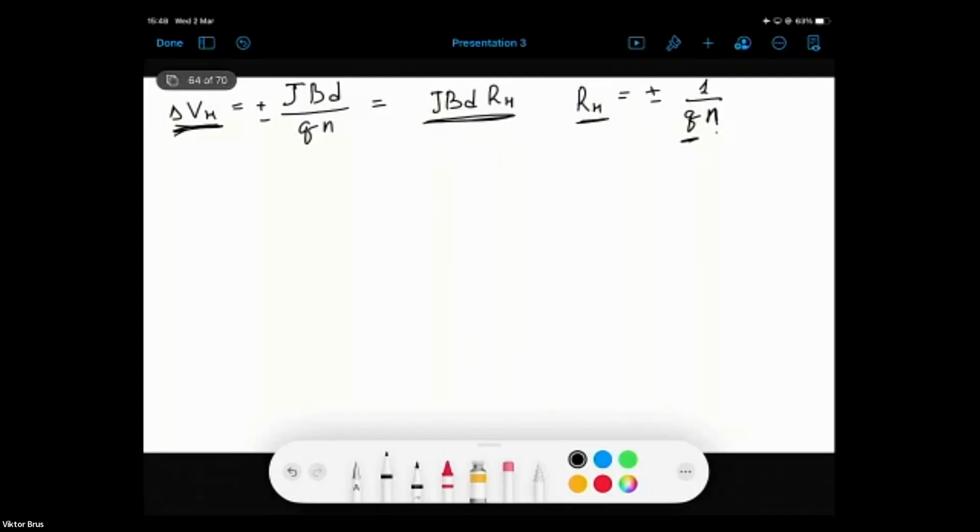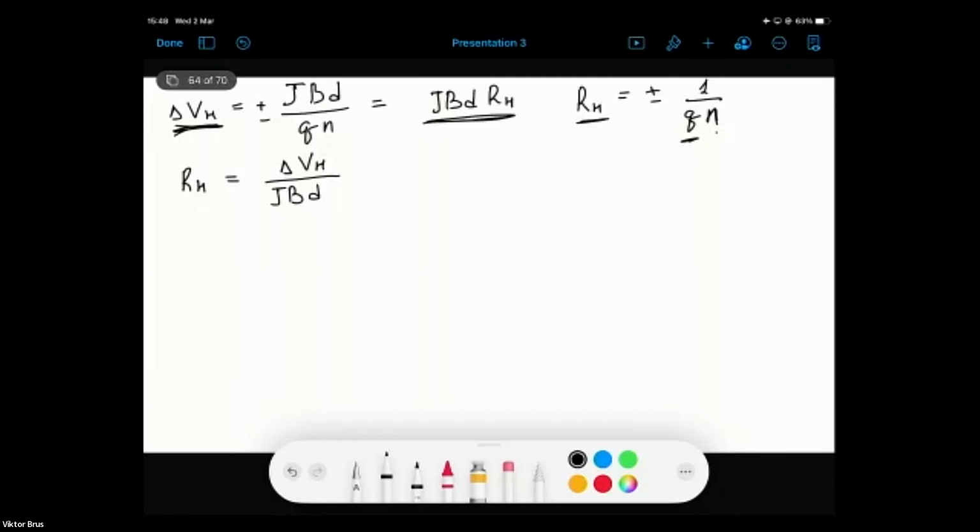From here, we can express RH as delta VH divided by J times B times D. So now let us take a look on these parameters, which are in equation defining Hall coefficient.